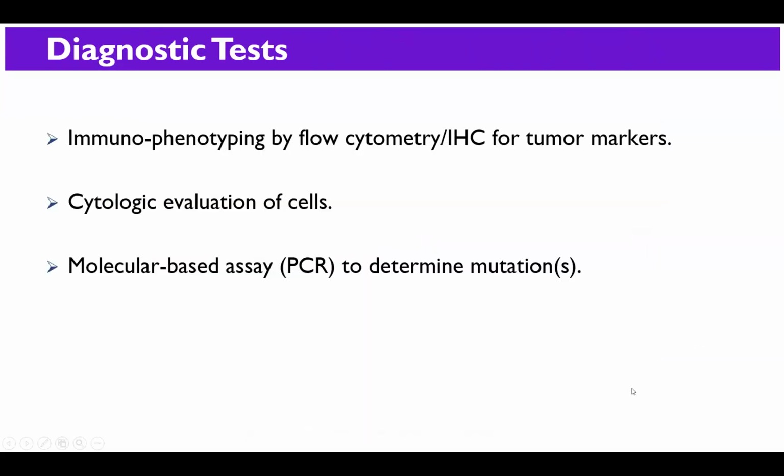Okay, so how about diagnostic tests that are deployed? Again, this is only brief. There is immunophenotyping by use of flow cytometry, immunohistochemistry, and so forth. But that requires good antibodies, good markers to be able to do that.